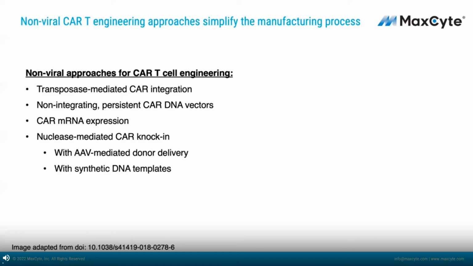And sometimes you are delivering this donor carrying your CAR with AAV. That is more of a hybrid non-viral and viral approach. But more and more often, you have groups using synthetic DNA templates, either small oligonucleotides or longer single-stranded or double-stranded DNA, in order to introduce the CAR construct stably without relying on virus at all.